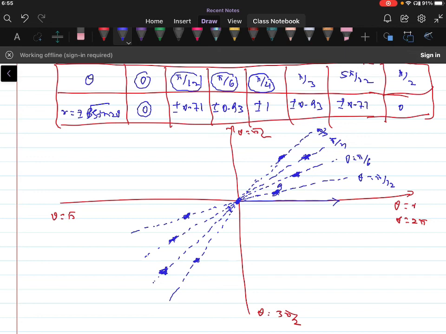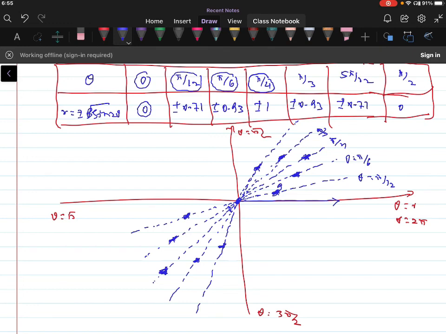When theta is equal to 5 pi by 12, it is a line that makes an angle of 75 degrees with the initial axis. The radius will be plus 0.71 and minus 0.71. So let us take plus 0.71 from the origin, approximately this length, and minus 0.71 by extending the line in the third quadrant. Then plot the minus 0.71 approximately here.